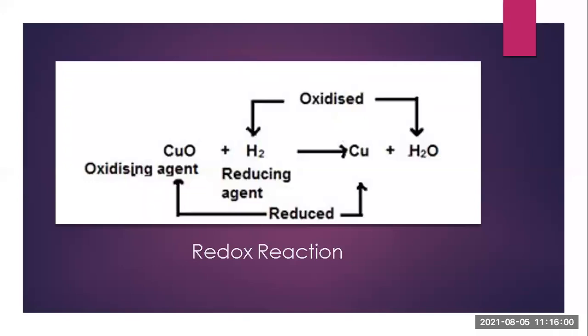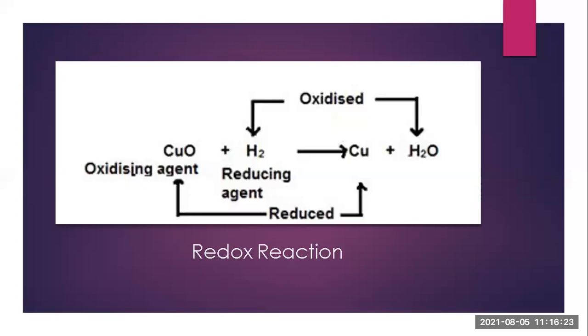So Cu will be reduced. But that oxygen will be gained by the hydrogen. And if the oxygen is gained by any compound or element, then we can say that that particular compound or element is oxidized. So here CuO will reduce to Cu and H2 will oxidize to H2O.